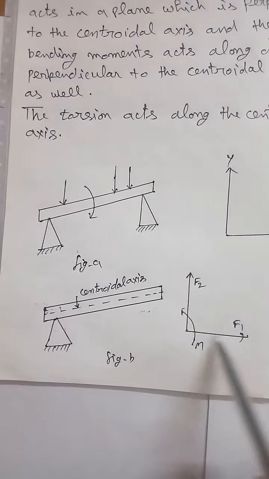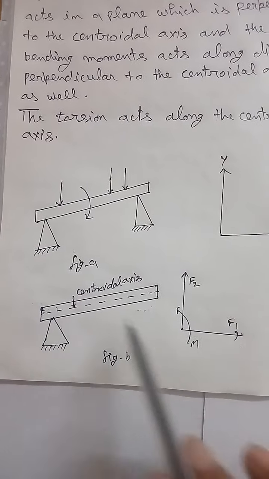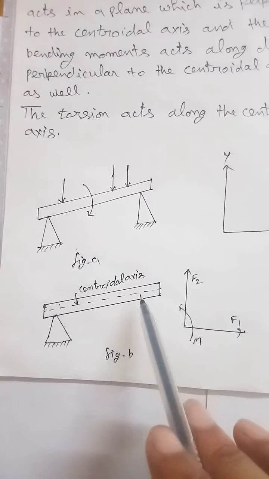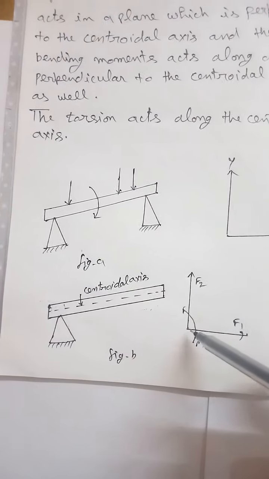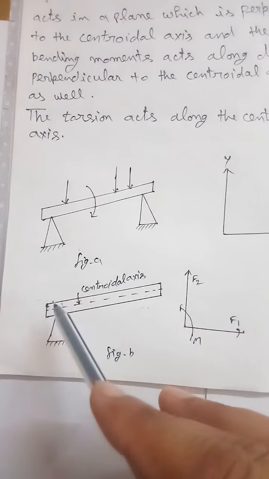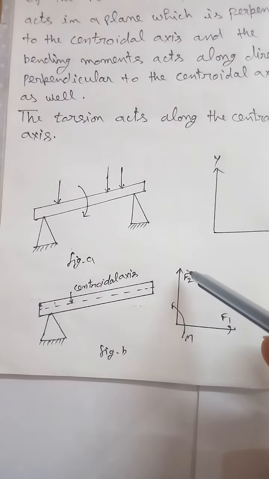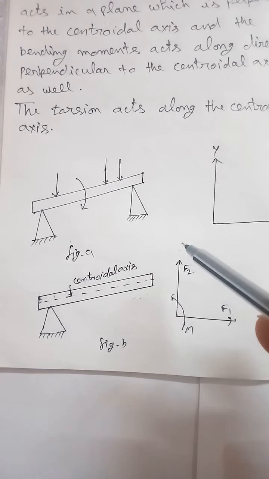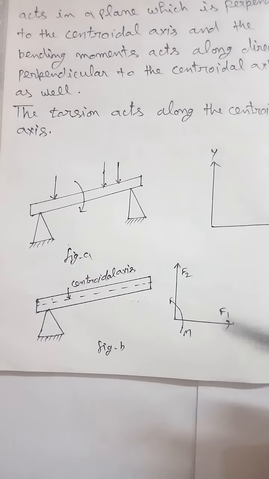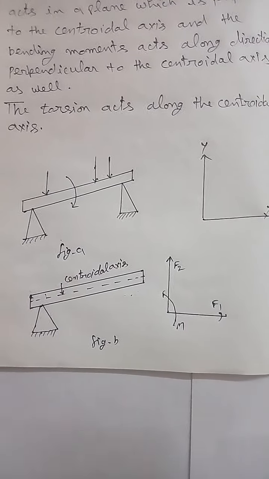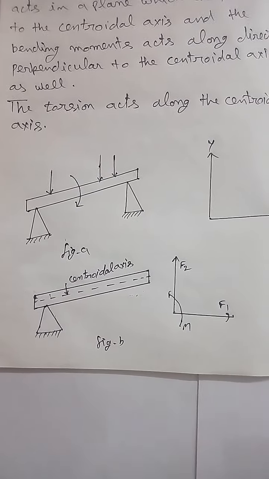So the force which acts along this centroidal axis is known as the axial force. The force which acts perpendicular to this centroidal axis, that is in the direction of F2, is known as the shear force, the force which acts on a plane perpendicular to the direction of the centroidal axis.